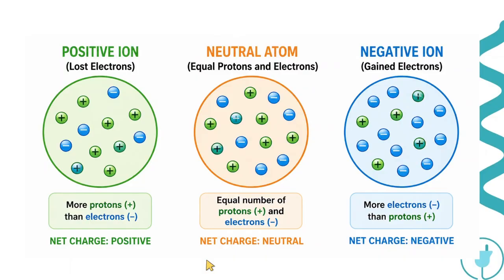So if an atom or ion is positive, that means it has more protons than electrons, saying that electrons are removed from that atom. If an ion is negative, then it can be said that that ion has more electrons than protons, saying that that atom or ion received electrons.